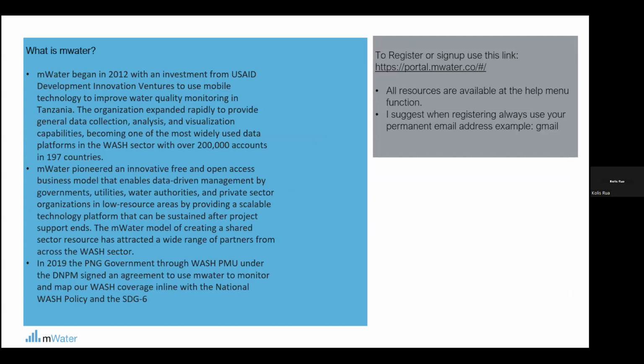A few women got up with an idea about monitoring water quality, and that's when mWater was born. With that concept, they developed a tool to monitor just the water quality within that certain district.